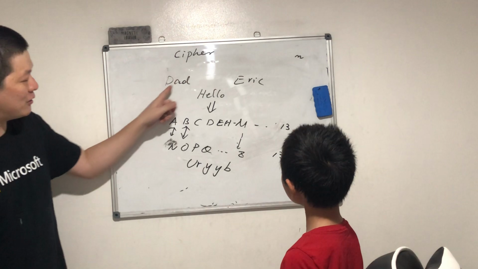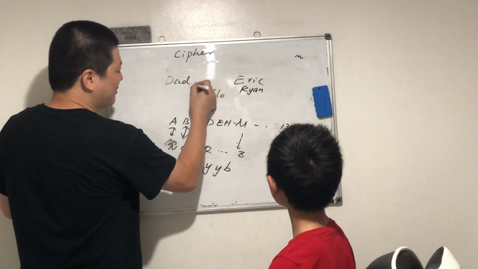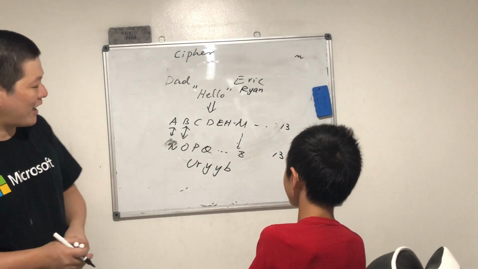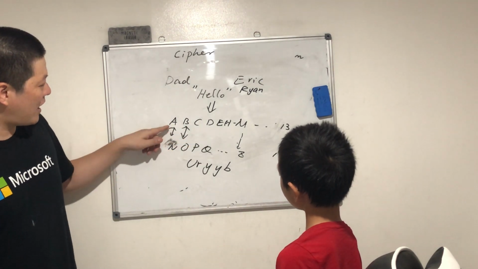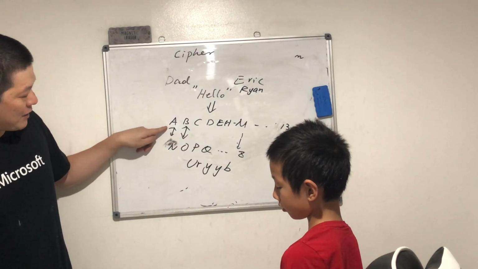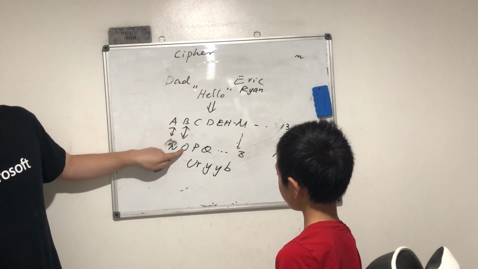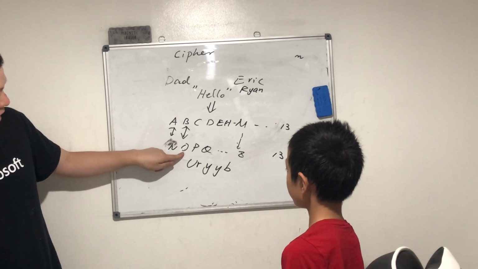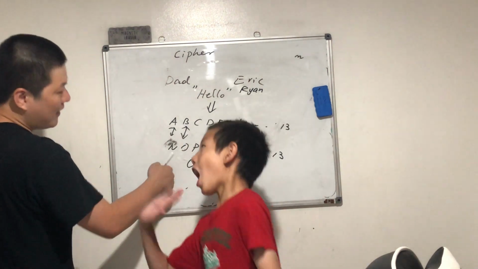For example, if I want to tell you hello, but I don't want other people to easily understand, I have a mapping table from A to M. Every time I want to write A, I write N. Every time I want to write B, I write O. And vice versa, every time I want to write O, I write B.